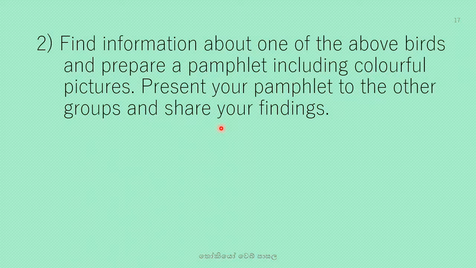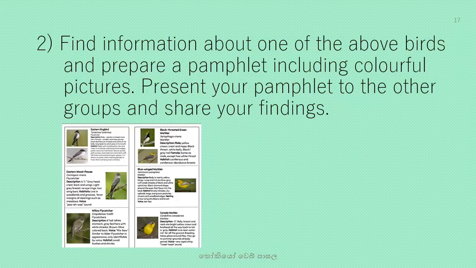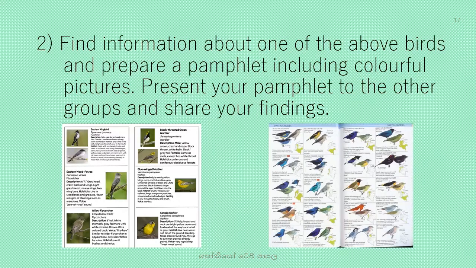So what you need to prepare is a pamphlet. So what does this pamphlet mean? Here I have shown a couple of examples. It is a kind of book in which you have information related to birds. It can be 5 birds, 10 birds, and sometimes you can include more details like this, or else you can include a little bit of information.